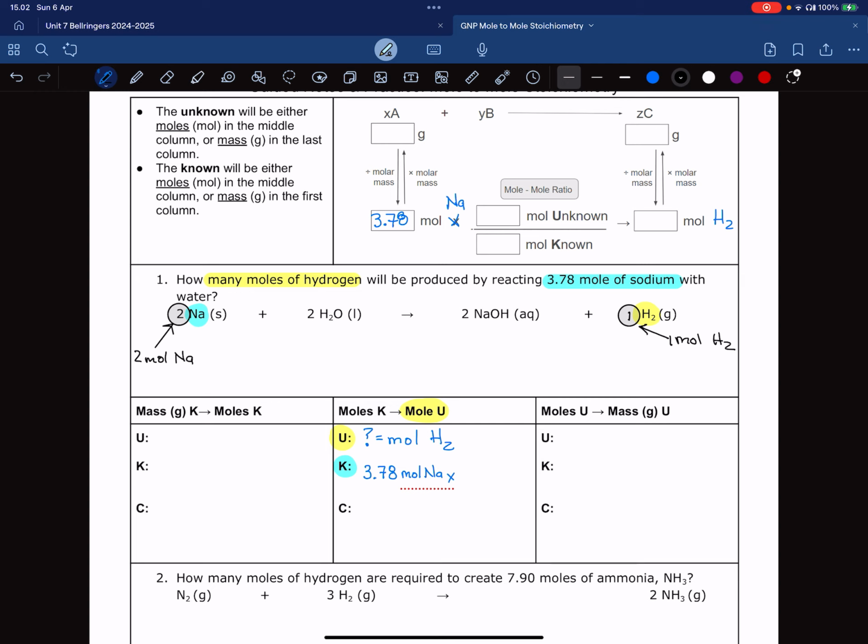So our mole-to-mole ratio in this case will be 1 mole of hydrogen to 2 moles of sodium. That's our other known.